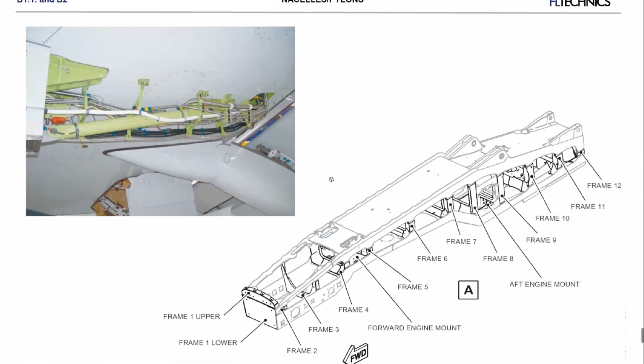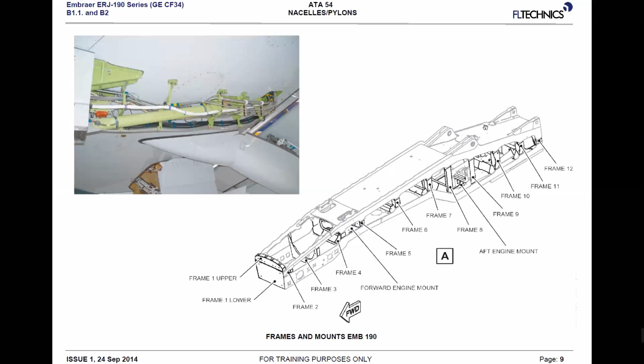I'm sorry, guys, that I'm changing this. So the loads from the engine in the pylon box are transmitted to the wing.